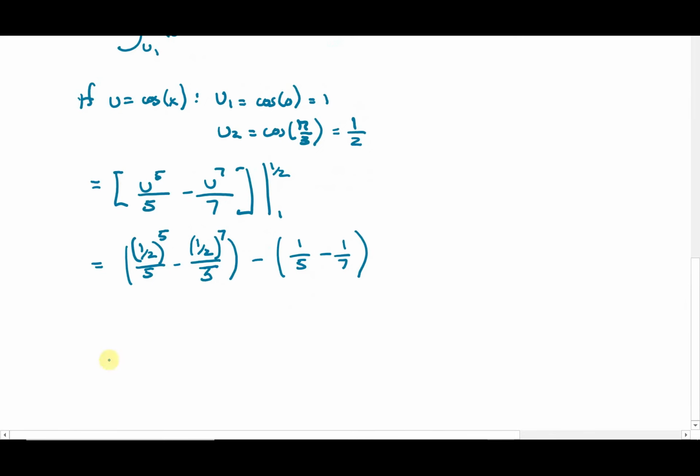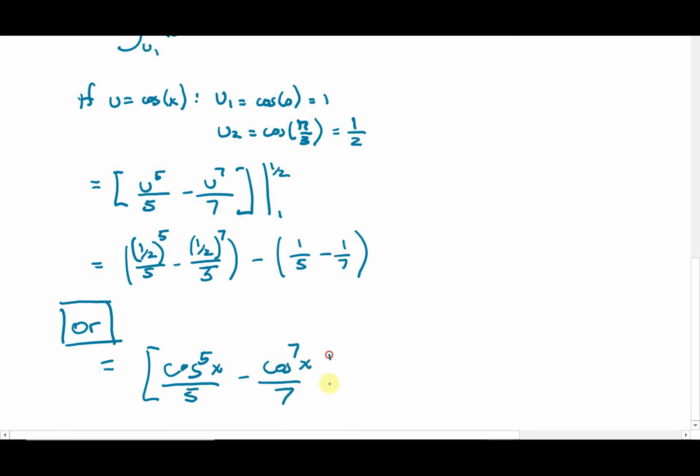Whatever that comes out to, here's another case, we could do it this way: because u is cosine, it's just cosine 5x over 5 minus cosine 7x over 7, and then this is evaluated from 0 to pi thirds.